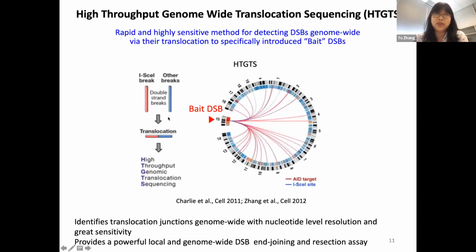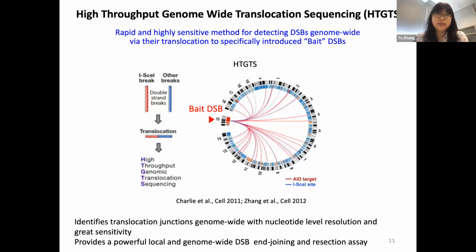So we took advantage of high-throughput genome-wide translocation sequencing, also called HTGTS. HTGTS uses a defined bait double-strand break to capture unknown genome-wide double-strand breaks that join to this bait break. This bait break can be ectopically introduced by a designer nuclease such as I-SceI or Cas9, or it can be an endogenous break such as those from RAG and AID.